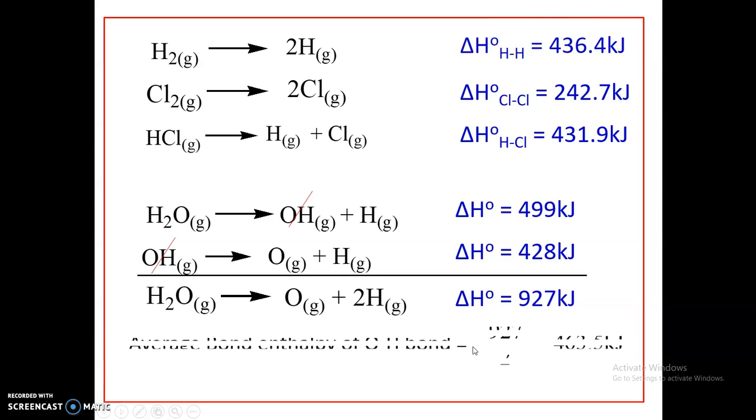But the average bond enthalpy for the OH bond is equal to 927 upon 2, that is equal to 463.5 kilojoule. Why divided by 2?